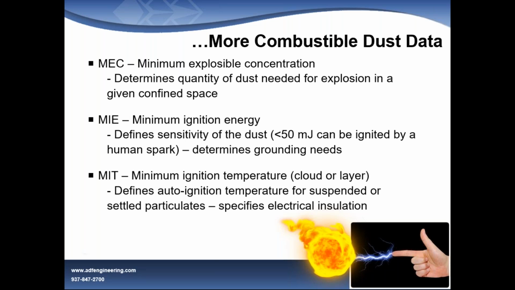So you can't allow that motor to get hotter than that minimum ignition temperature. Minimum ignition temperature for a dust cloud, that is something that if you're putting this material into a spray dryer, you may need to know that because if you're bringing gases in that could be higher than that ignition temperature, you could have another issue inside your spray dryer.